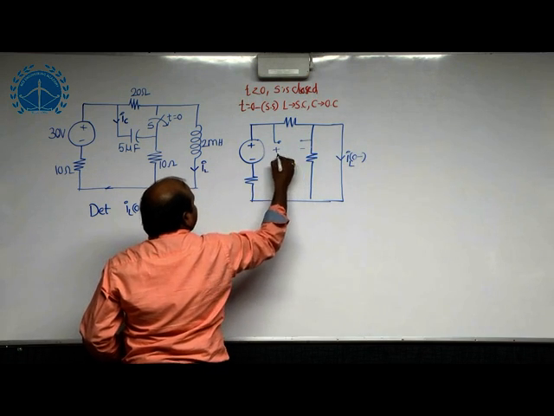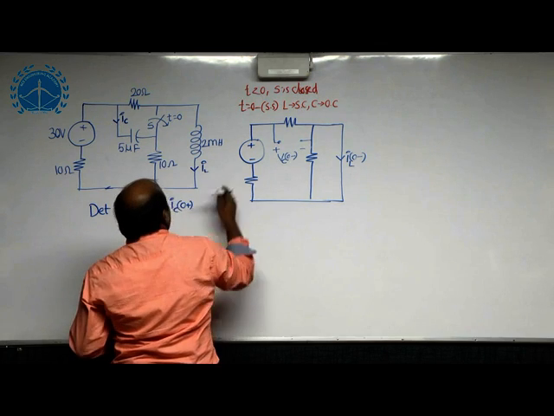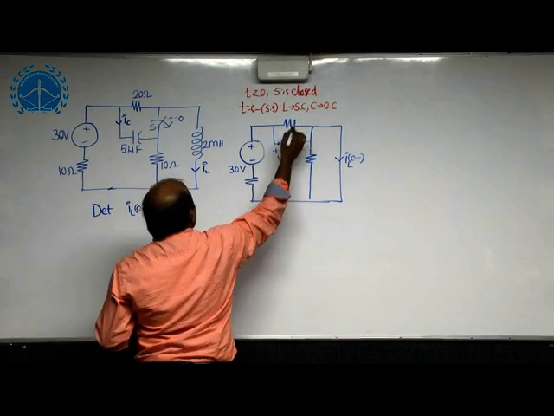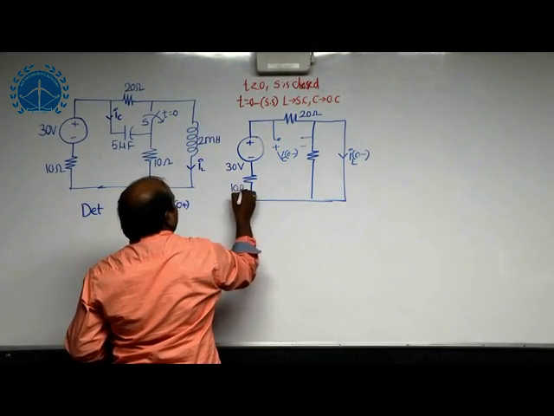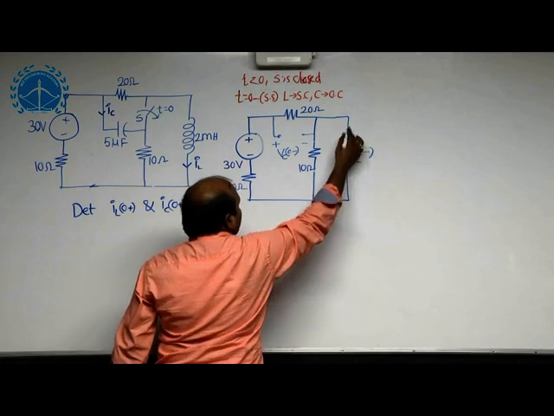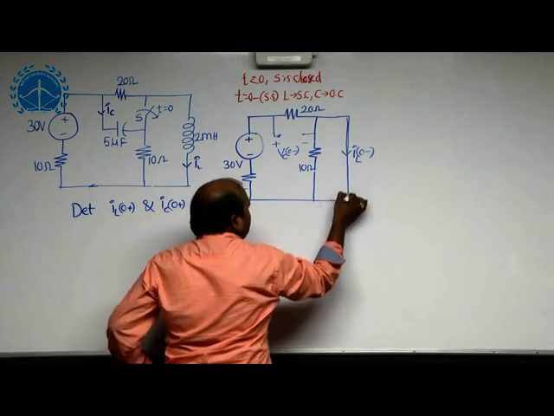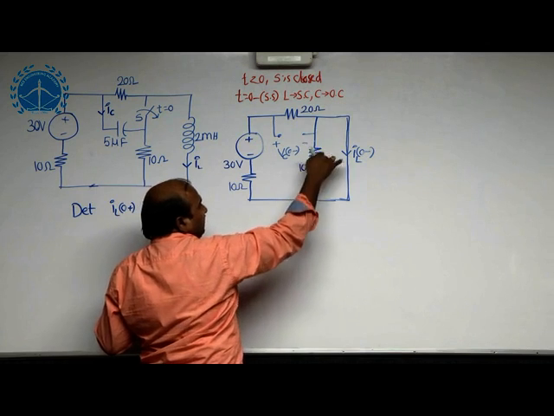This is VC of 0 minus. Now, this is 30 volts, this is 20 ohms, and this is 10 ohms. If we provide the short circuit here, there is no current in the 10 ohms. That is why we can neglect this.